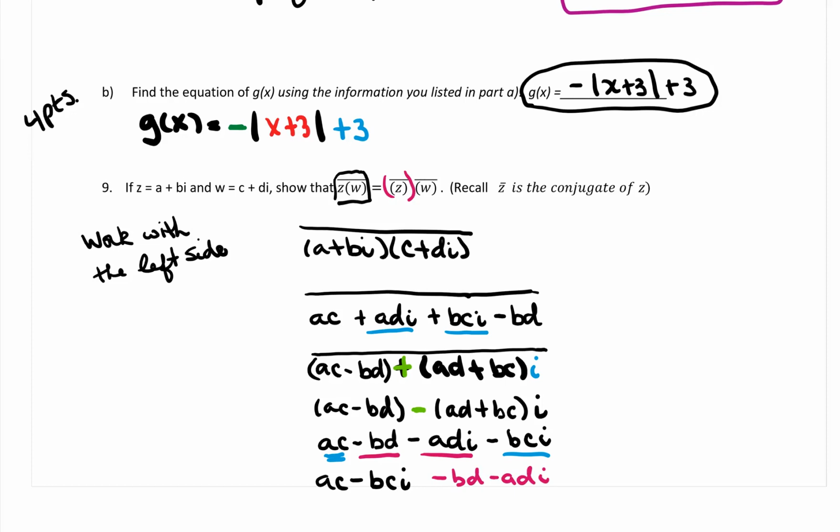We could factor out a D there, negative D. Yeah, that's not working. I don't see that working.